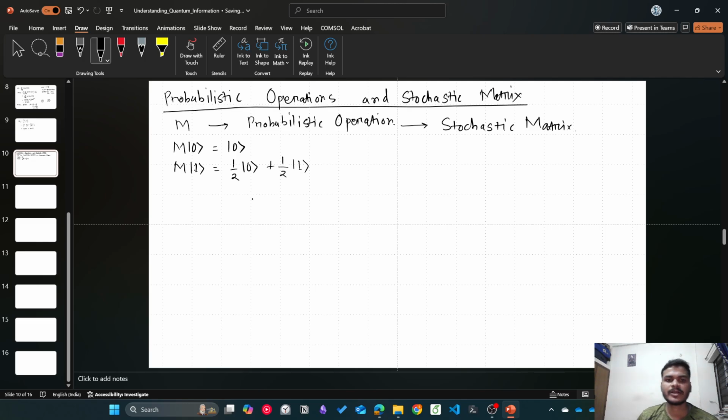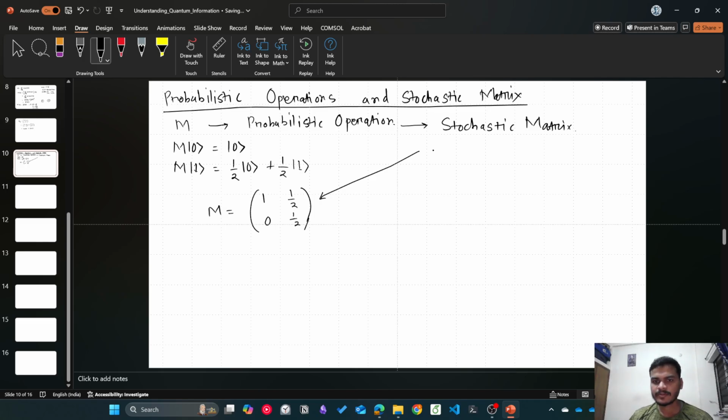So let's try to get the matrix form of this operation. So we can represent M as. Now remember the trick that we discussed. 0 is going to 0, so we can write it as 1 0, and 1 is going to half and half, so we can write this half and half here. Okay, so this is a stochastic matrix.